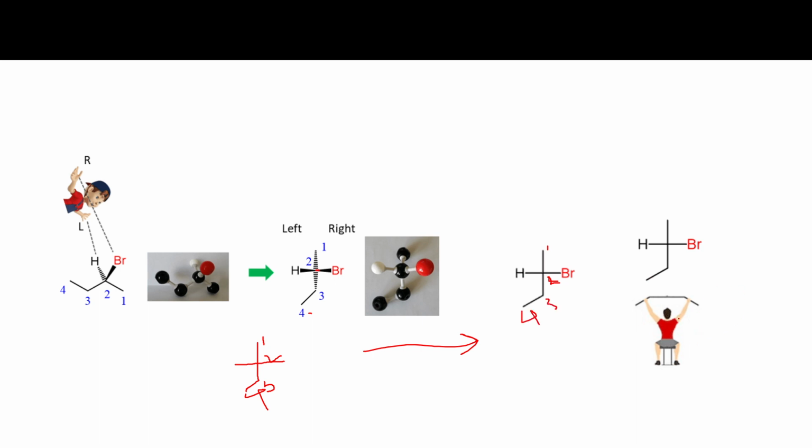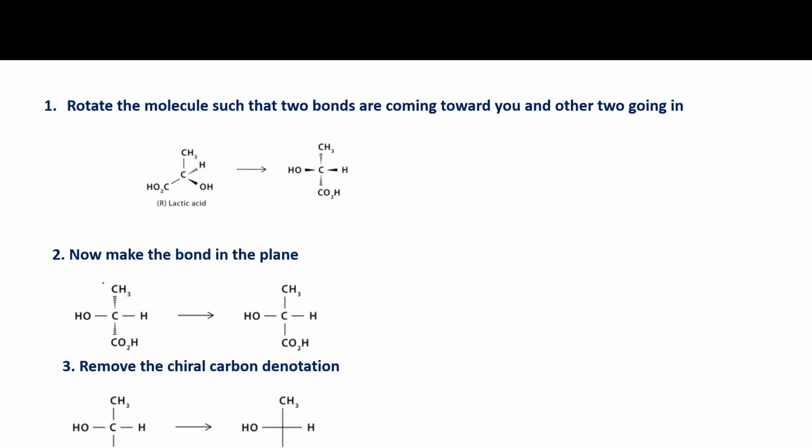If you see from this direction, your bromine will be on the right side and hydrogen on the left side, and here also, seeing from this direction, your bromine will be on the right-hand side and your hydrogen on the left-hand side. So how do you draw this bond drawing as a Fischer projection?